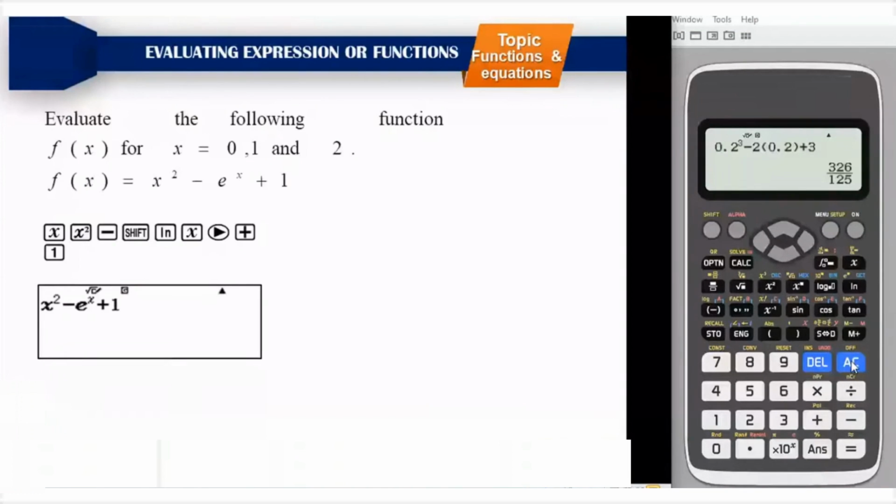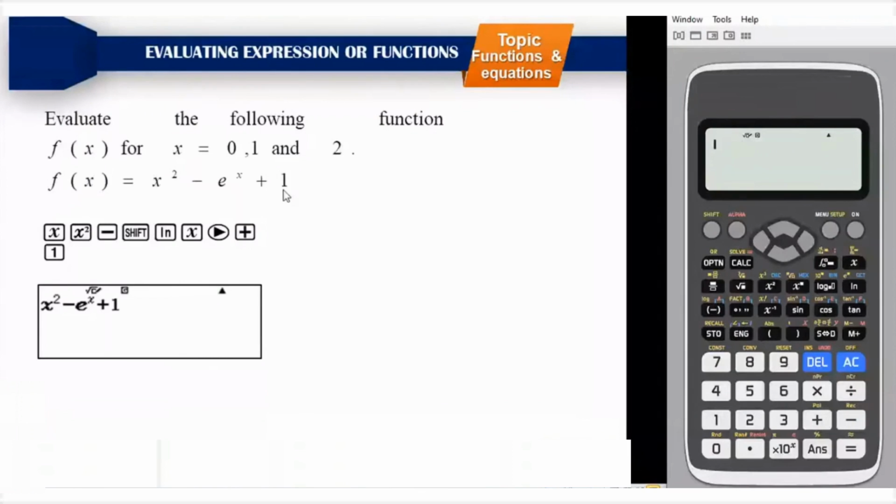All right. In the next example, you are told to evaluate the following function f of x, where x is 0, 1, and 2. And f of x is given to you as x square minus e power x plus 1. So I will insert the equation: x square minus e, which is shift and ln, shift and ln is e.